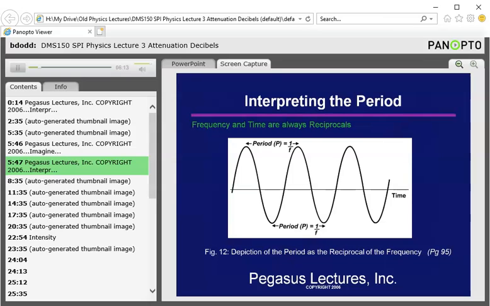Now if I take two that are exactly opposite of each other, add those together, the result's going to be no wave. If they're exactly the same, and we add them together, they double.